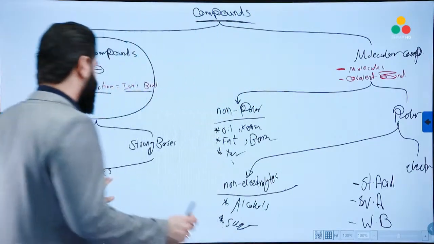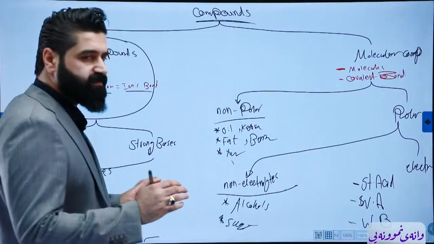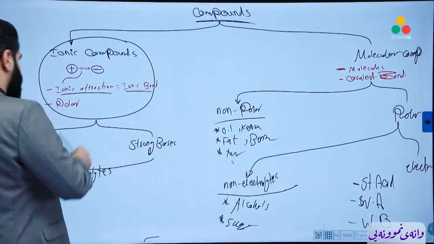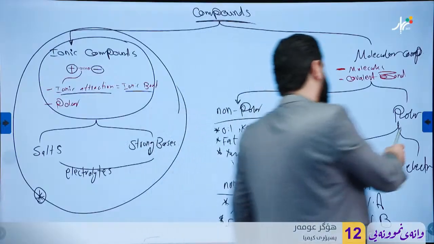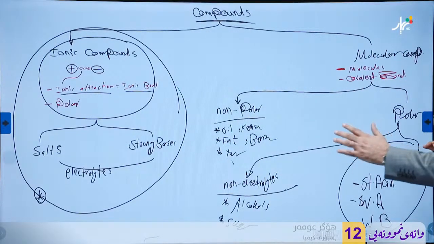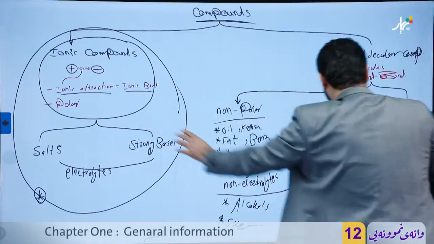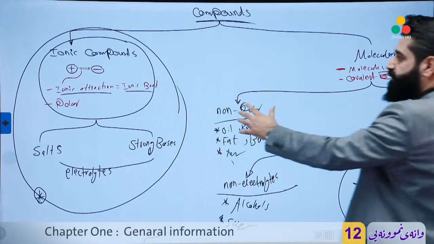Look, let's have some of the most sensitive questions. These are polar, true? These are also polar. They are both polar, and they are also both electrolytes, right? But why do we separate them?